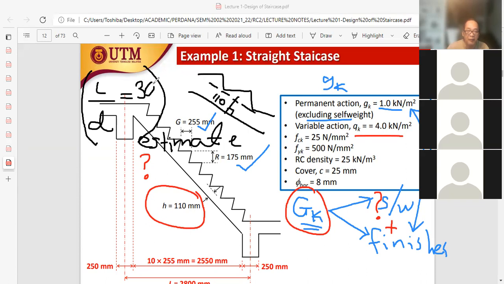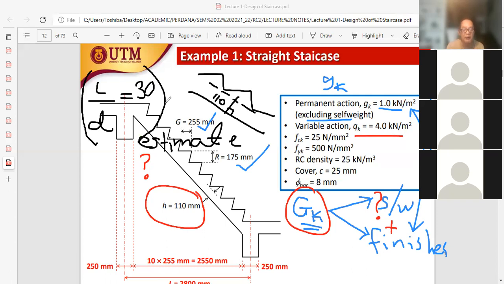So macam mana dapat keluar 30 ni? Okay, this 30, the value of 30 is taken as a rule of thumb. Rule of thumb ni nak kata apa, sebagai panduan, hanya sebagai panduan, just as a guide to obtain suitable thickness.